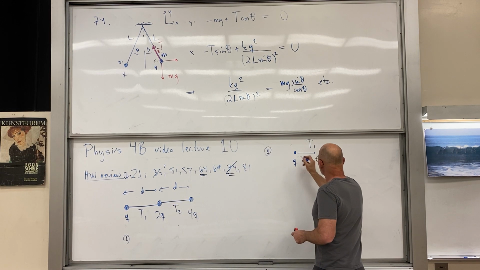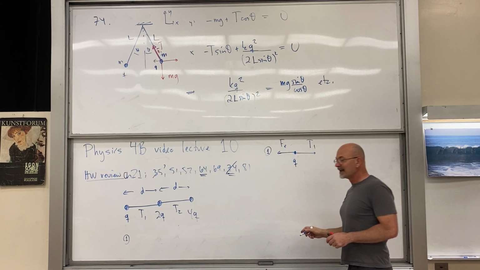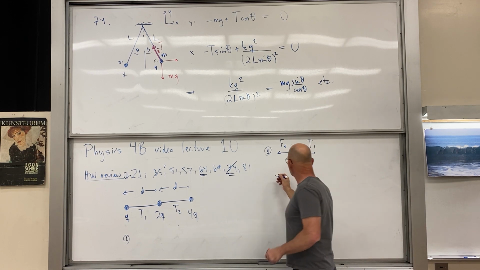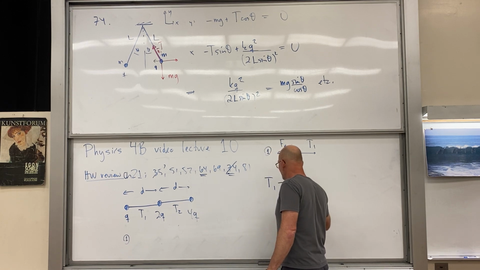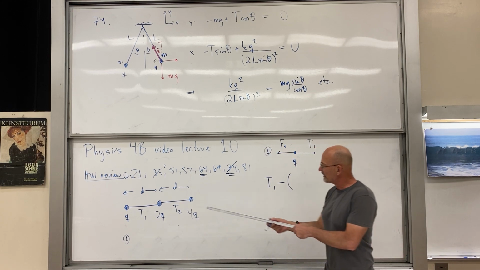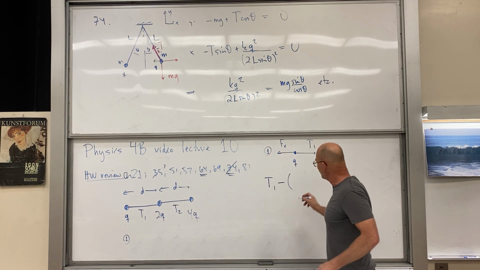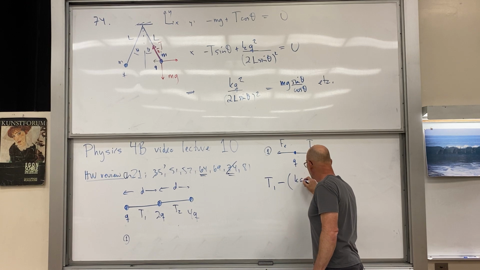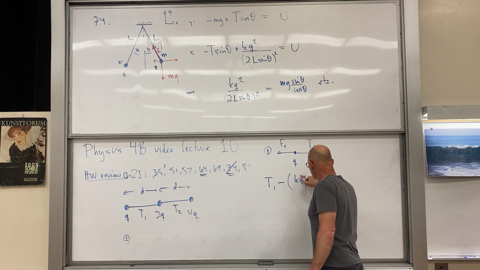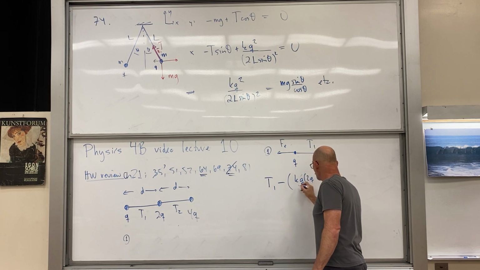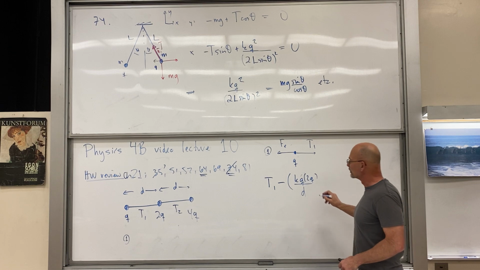So I'm just going to write here F electrical, and the equation we set up now is going to be T1 minus, and it'll be these two forces. So the force between these here, remember separation distance D, will be KQ times 2Q divided by D squared.